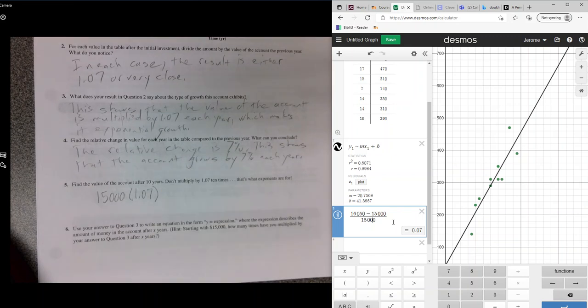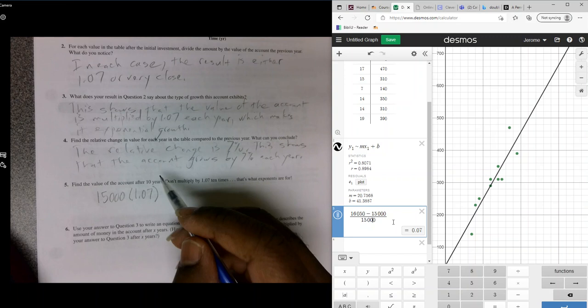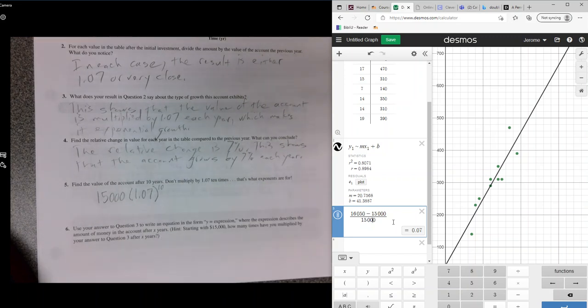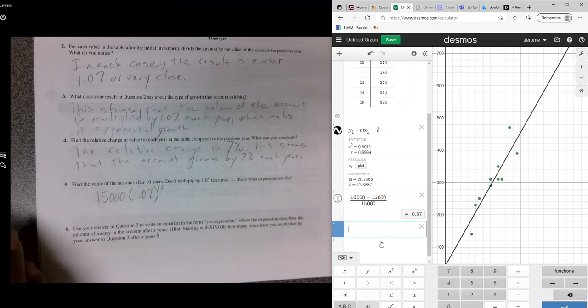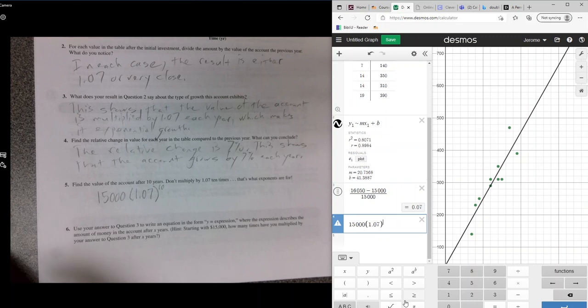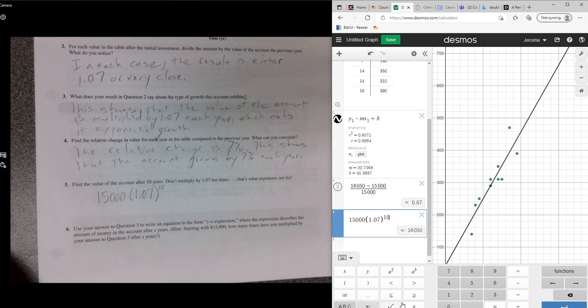And when you put this in your calculator, you have 15,000, you could do the parenthesis 1.07, close that parenthesis, and then take it to the 10th power. And it would give you $29,507.27.